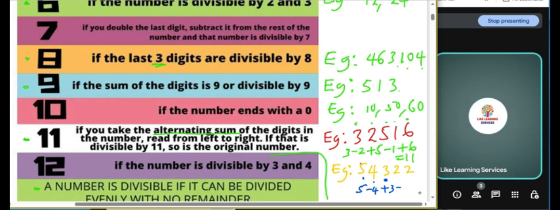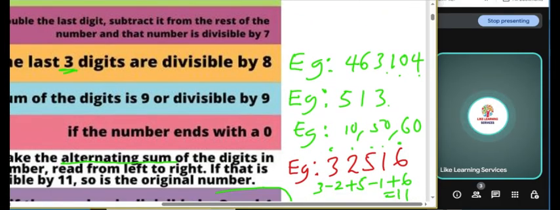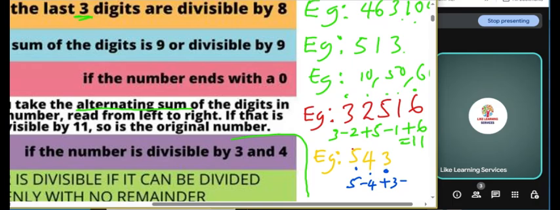Let me adjust that number so that you get the point I'm making. 5 minus 4 is 1. 1 plus 3 is 4. 4 minus 2. Okay, why not just write 4 here? Let it end in 4.